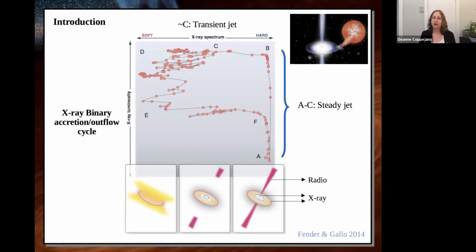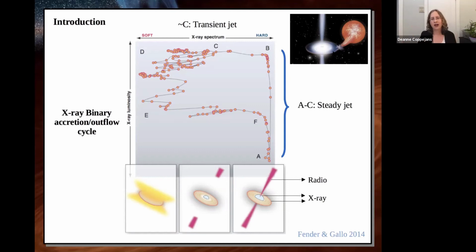Now, in X-ray binaries and a number of accreting compact objects, you have an instability in the accretion disk. Matter is piling in from the secondary star, and at some point the density reaches a point where it triggers a disk instability. The accretion rate through the disk increases and the whole system brightens.